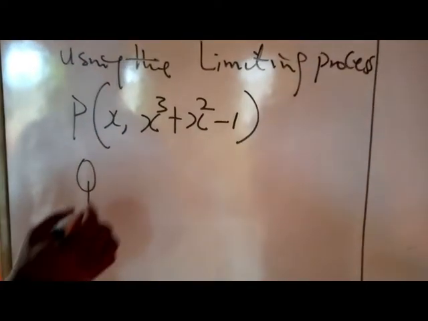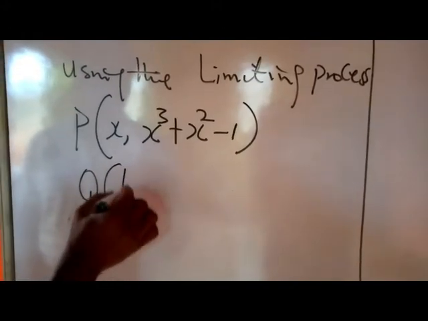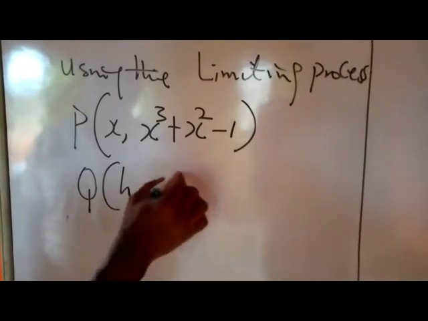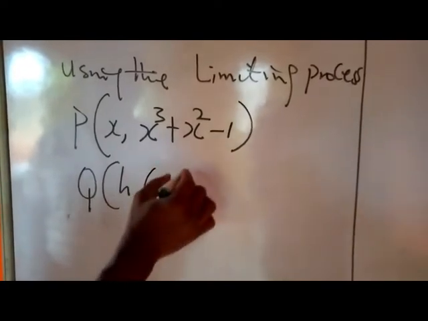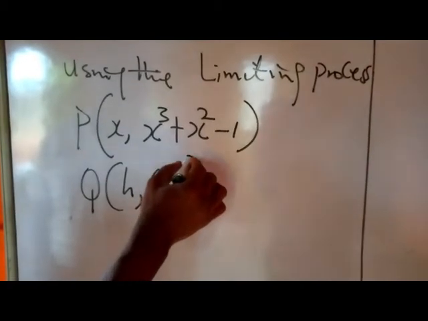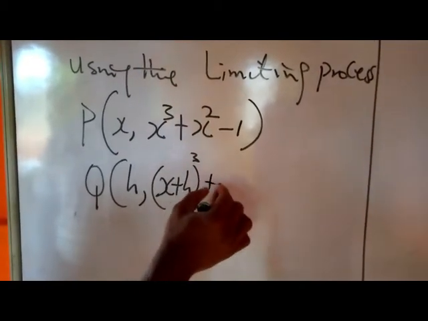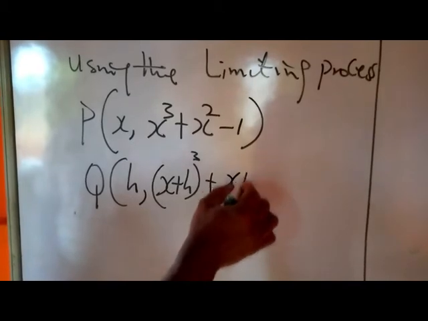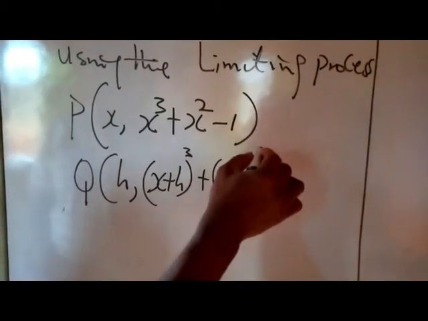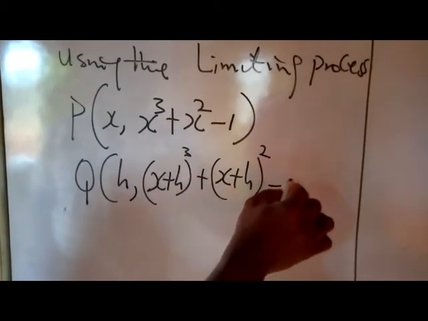The Q coordinate is x plus h, x plus h raised to power 3 plus x plus h raised to power 2 minus 1.